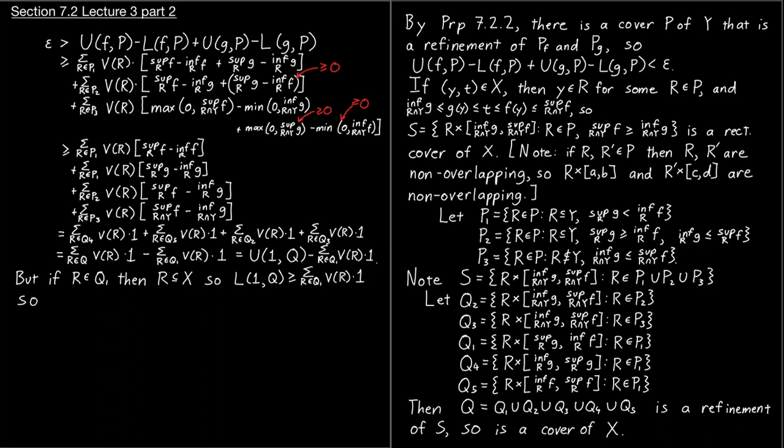So at the end of the day, we have that epsilon is bigger than the upper sum of 1 over Q minus the lower sum of 1 over Q.